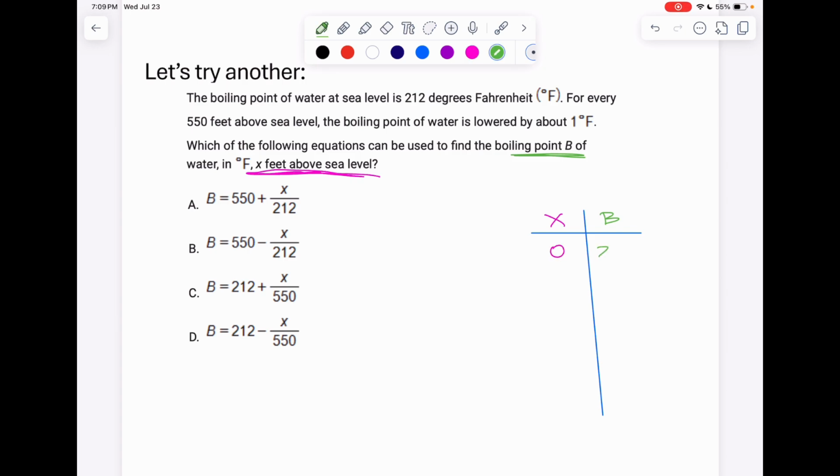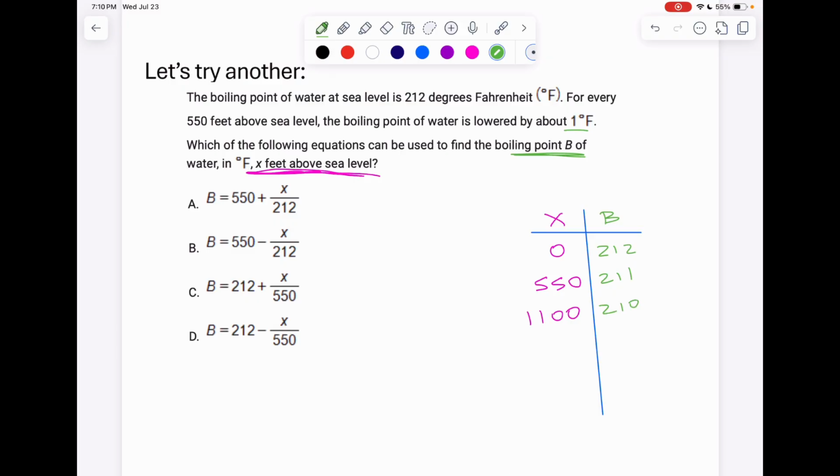Our boiling point is 212. And it says for every increase of 550 above sea level, so if I increase 0 by 550 and get 550, my boiling point will lower by 1 degree Fahrenheit, so it'll be 211. If I increase it again, I'll get 1,100 feet. And then I'll lower it again. I'll get 210 as my boiling point.